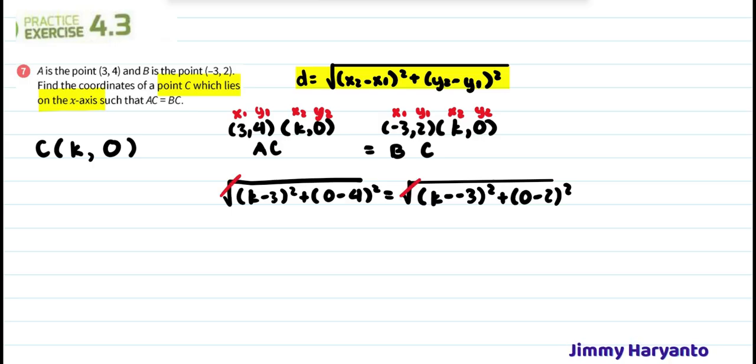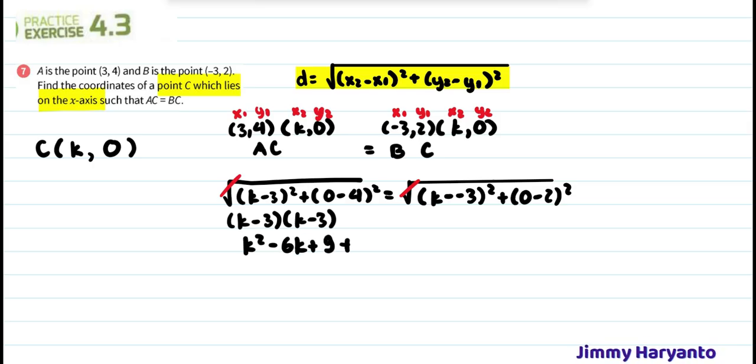Okay, because the square root is the same, we can cross it out like that. And then I think we have to expand this one because we have another one at the right hand side. So k squared minus 6k plus 9 plus this one is 4 squared, equals 16, equals this one, k plus 3 squared, will be like this.